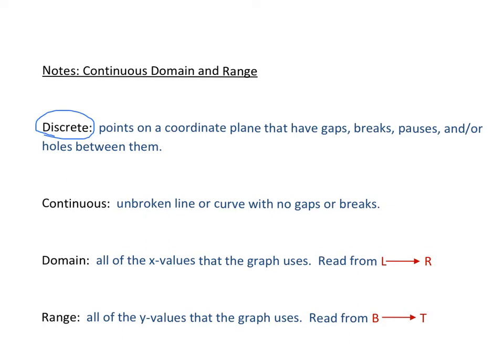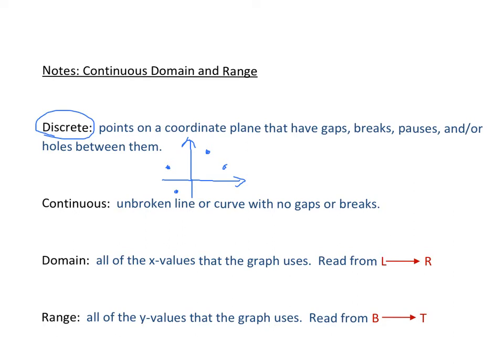So the ones that we have looked at is when we had a coordinate plane that had just points, just random points on a coordinate plane. This is discrete data because they aren't connected.